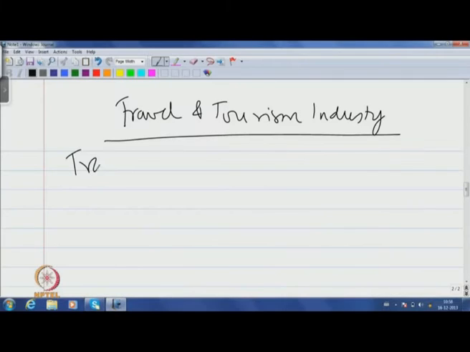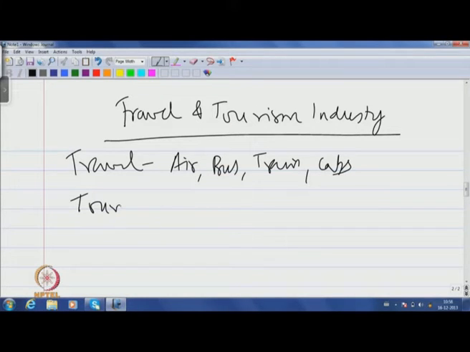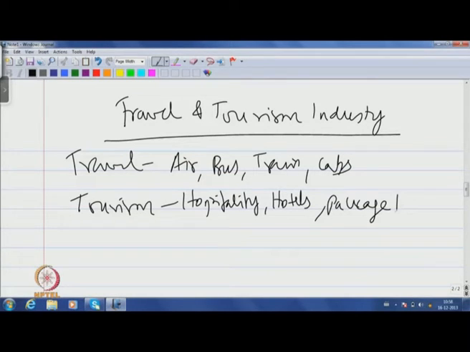By travel I mean the air travel, the bus, the train, even cabs, and by tourism I would include the hospitality industry, which is the hotels, package tours, then you have the customized tours.